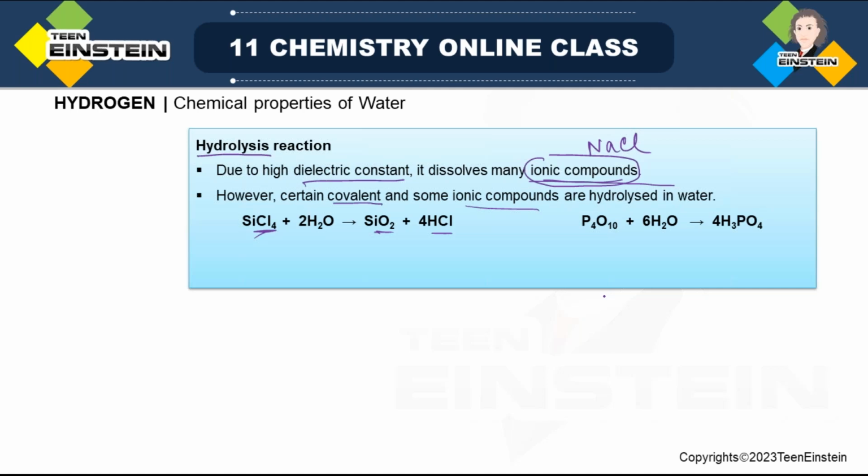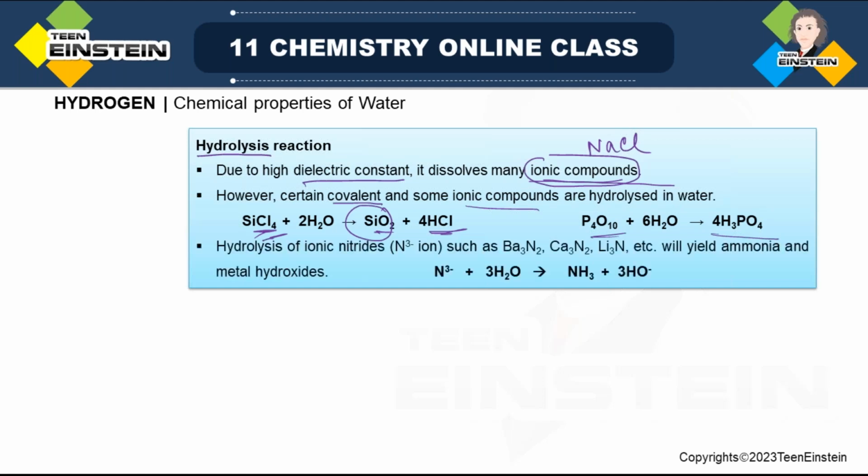So from this example, you can see we have taken chloride of silicon, which is in presence of water. There is hydrolysis and we are getting silicon dioxide and hydrochloric acid. In case of phosphorus oxide, P4O10, it is converted to phosphoric acid H3PO4. Hydrolysis, so these two are basically covalent compounds.